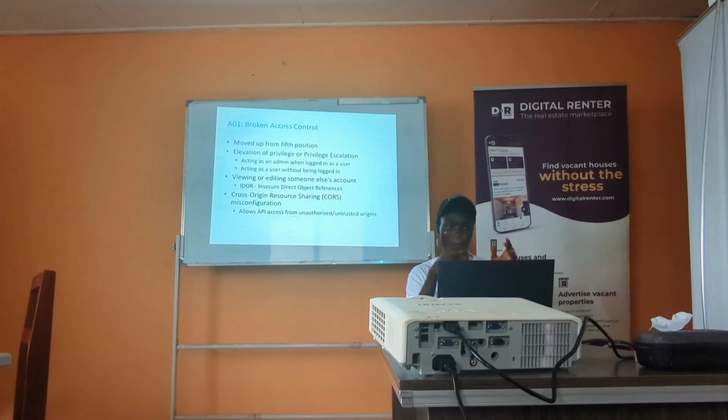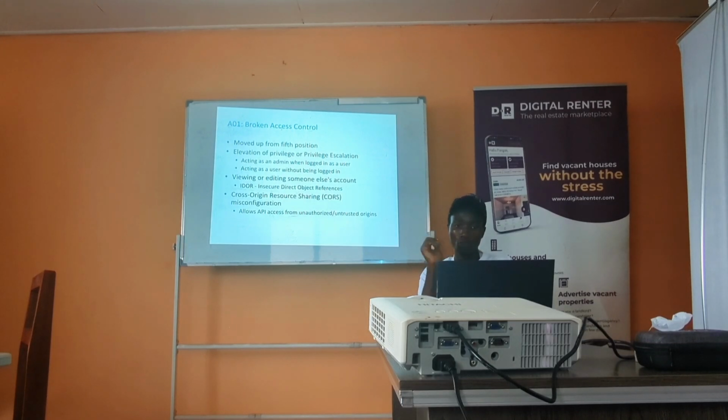So this is all about broken access control, when you are able to access things that are not normally supposed to be for you. So when you can act as a user or log in as another user, that's broken access control.